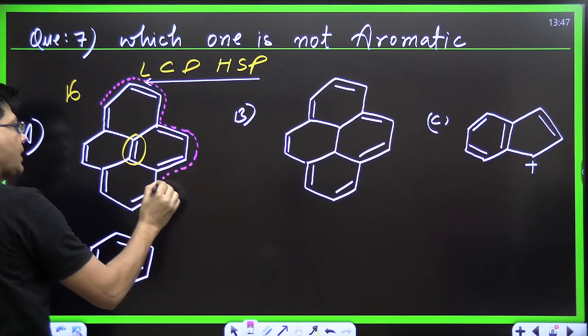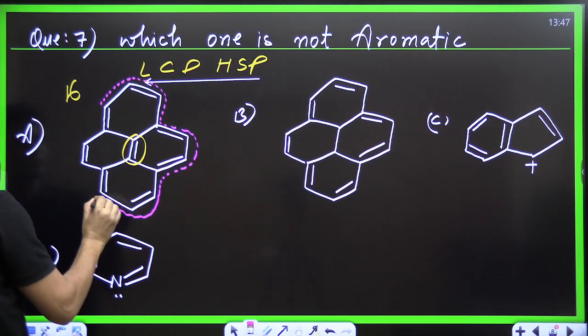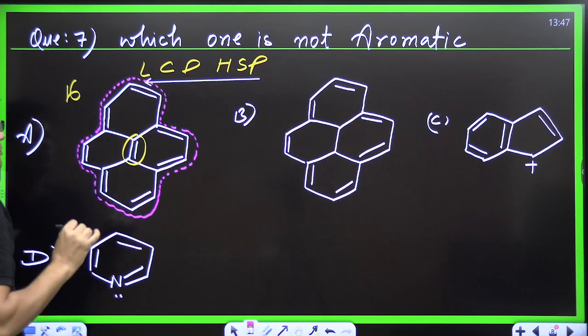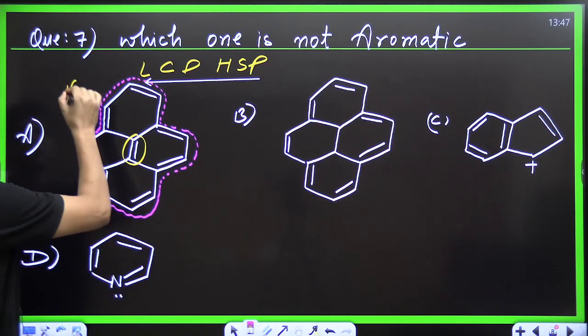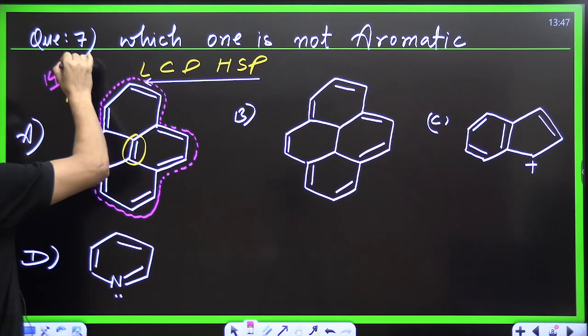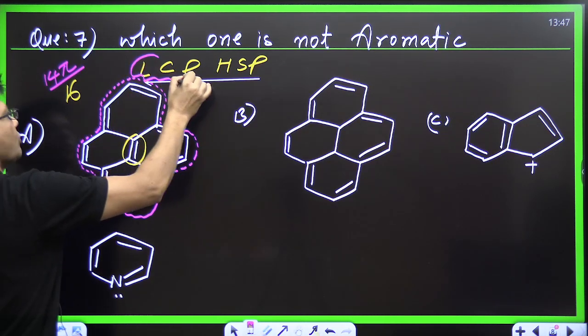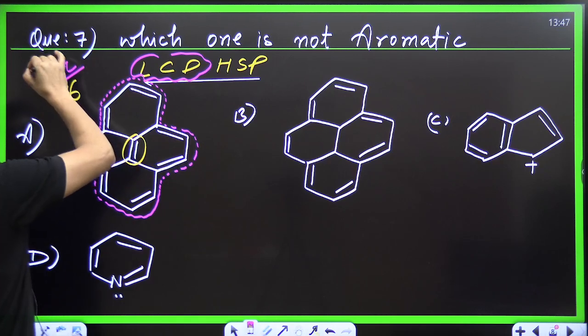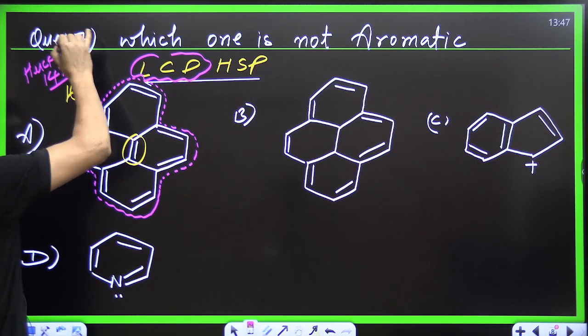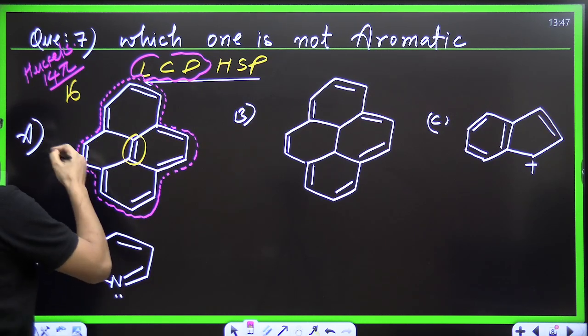And how many pi electrons are there in this path? In the longest conjugated periphery, there are 14 pi electrons. So out of 16, 14 pi electrons are in LCP, and this is following Huckel's rule and planarity rule. So this is declared to be aromatic.